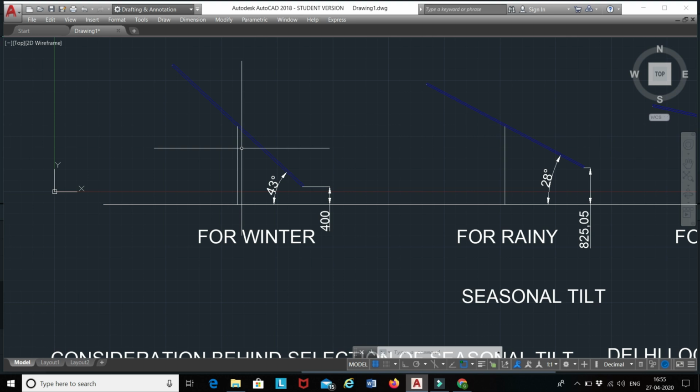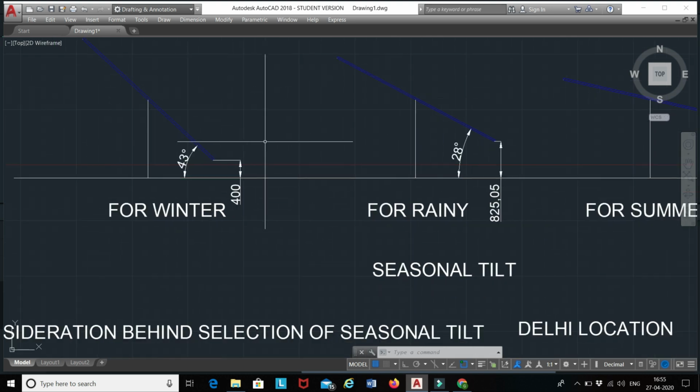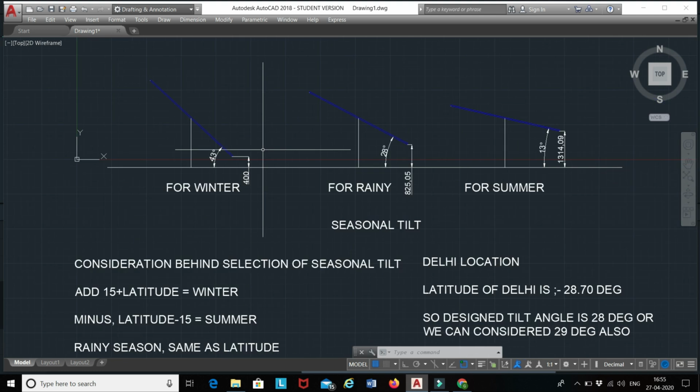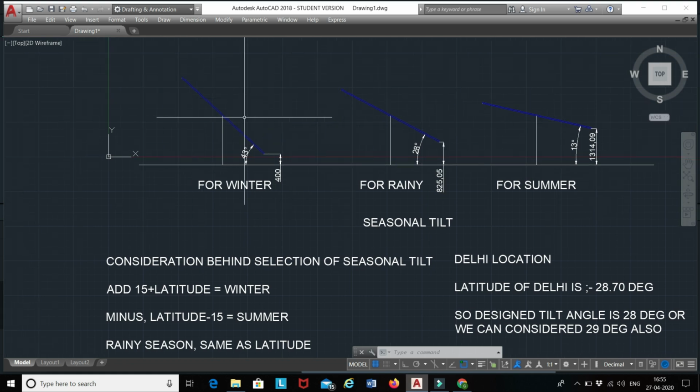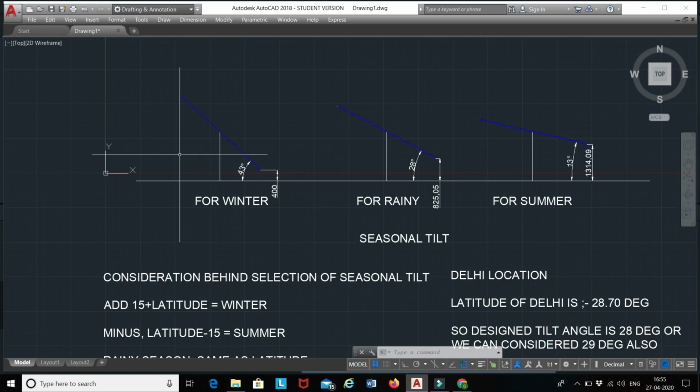Also, one thing to always remember and keep in mind: the structure is always designed by taking the maximum tilt angle. Let's suppose we design the solar power plant with seasonal tilt and we have three tilt angles; we always design the structure for the highest tilt angle, because the wind pressure is maximum at the high tilt angle.